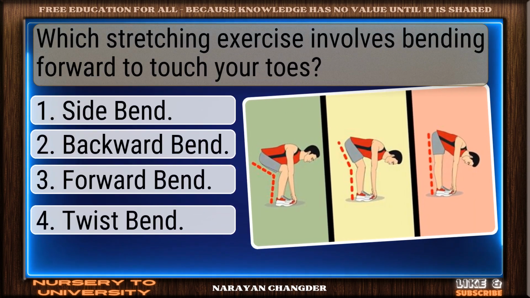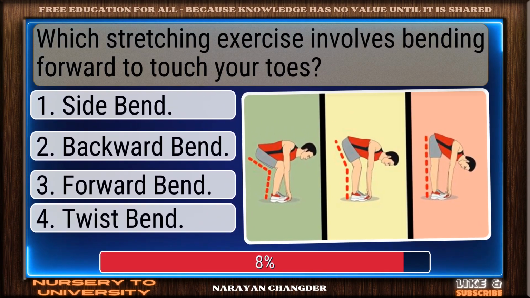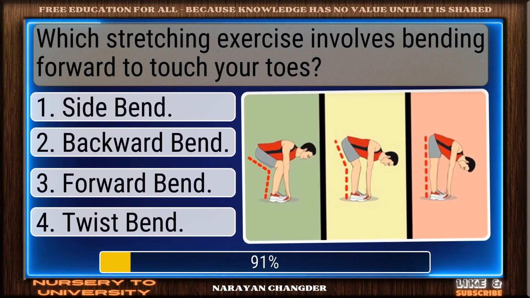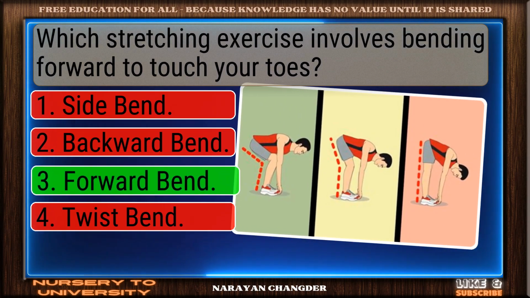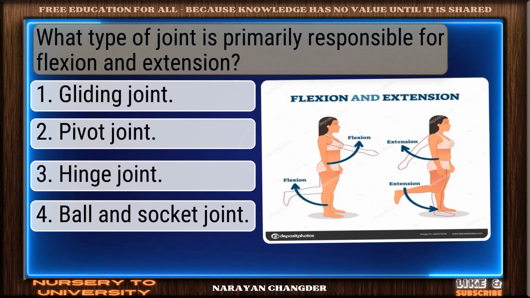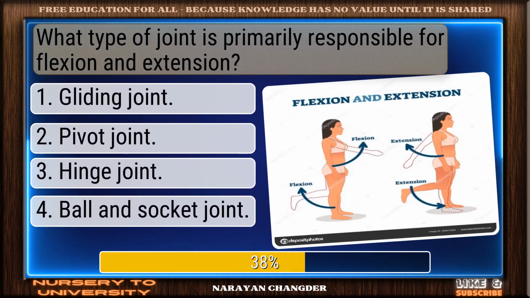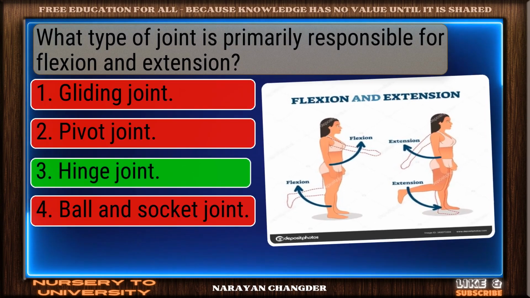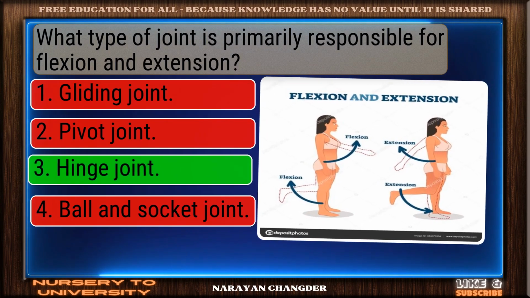Which stretching exercise involves bending forward to touch your toes? Great job. Forward bend is the accurate answer. What type of joint is primarily responsible for flexion and extension? Excellent choice. Hinge joint is the right answer.